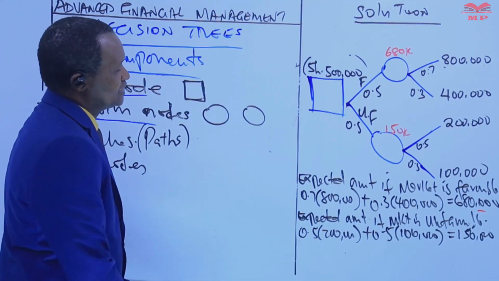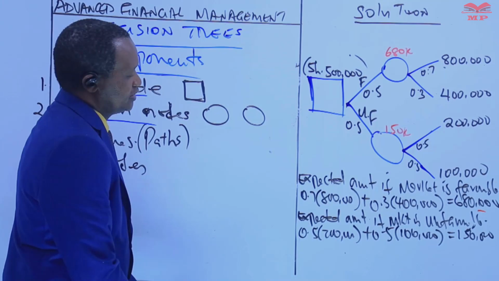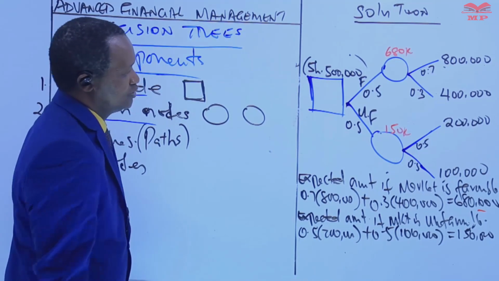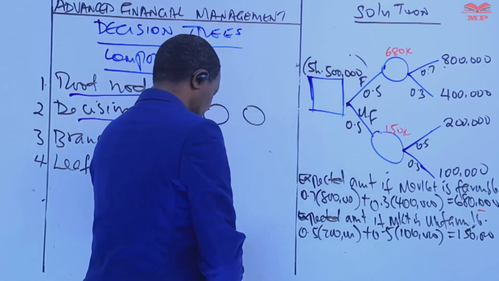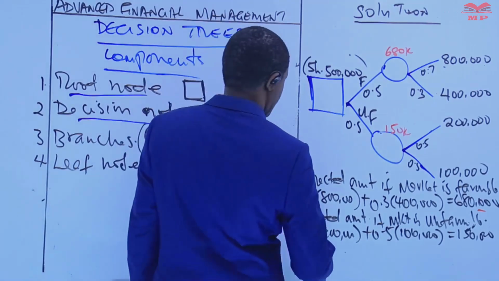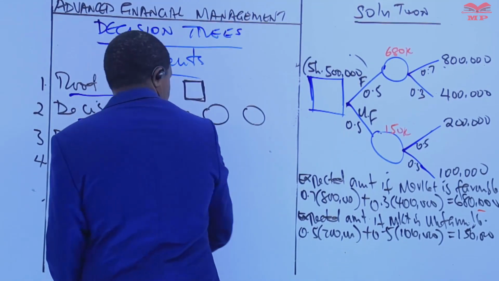So after calculating the expected favorable value and the expected unfavorable value, we can now calculate the overall expected amount.